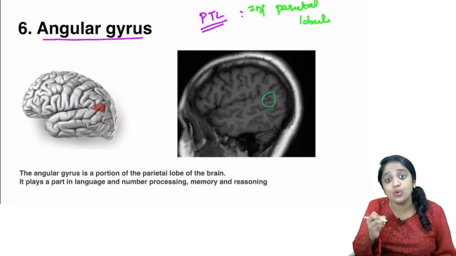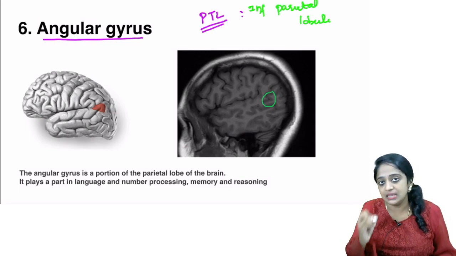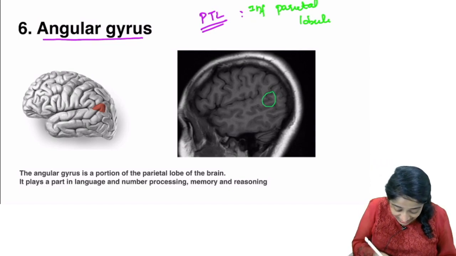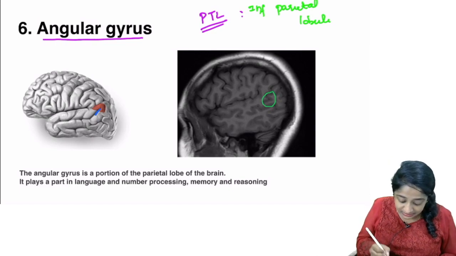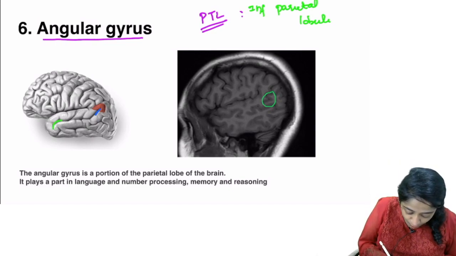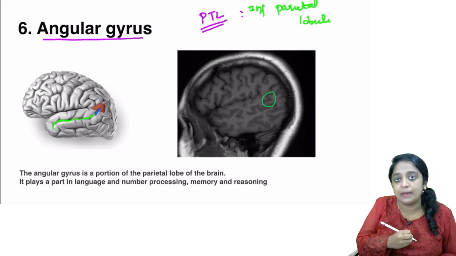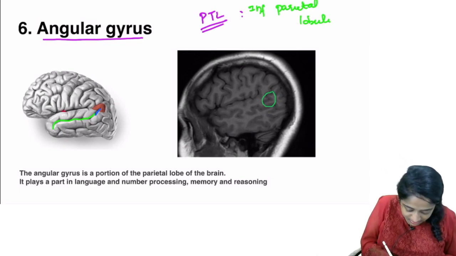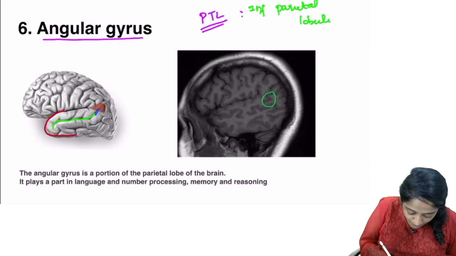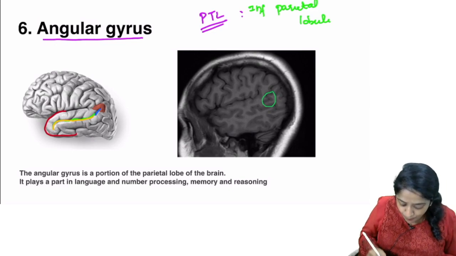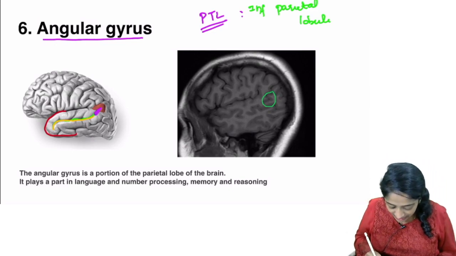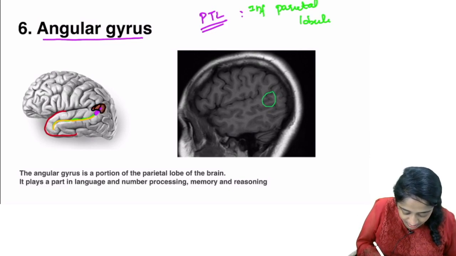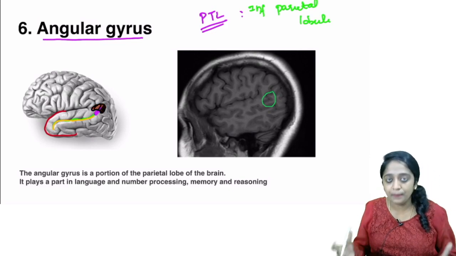Angular gyrus also will cap a sulcus. Which sulcus? It is known as the angular sulcus. So what is this angular sulcus? It is the ascending aspect of the superior temporal sulcus. So as you can see, this is the temporal lobe. This is the superior temporal sulcus. The most ascending part, that is known as the angular sulcus, and the parenchyma capping it is the angular gyrus. So on MRI, how can you see?